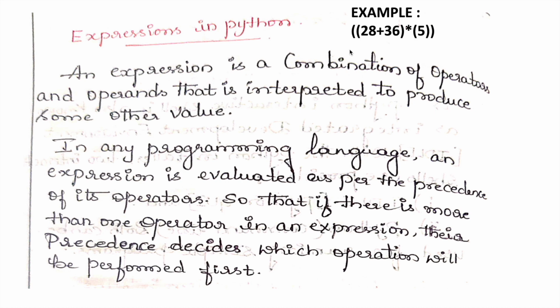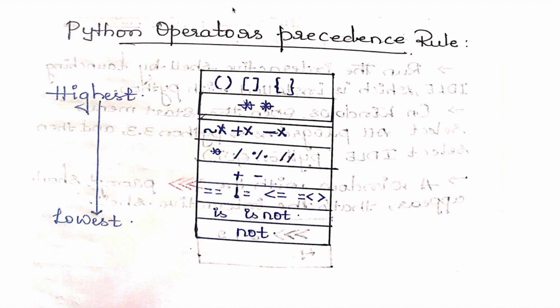We will see the precedence table here. This is the table of Python operator precedence rules. Here the operators are arranged from highest to lowest order. You can see the brackets and braces, that is parentheses, have the highest precedence.